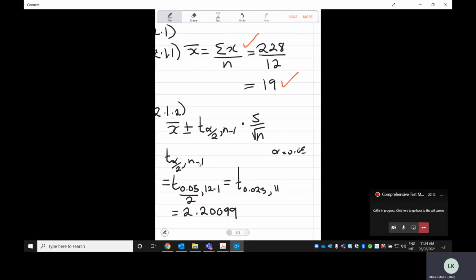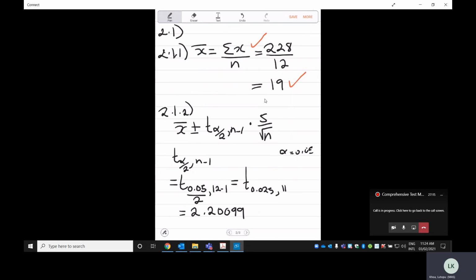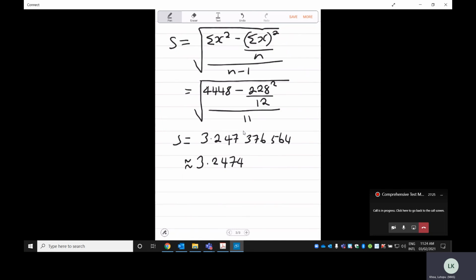Now going back to my formula, now I have everything. I know what x bar is, I calculated it over there. I know what the t value is, what s is, what square root of n is. I can now form my confidence interval.